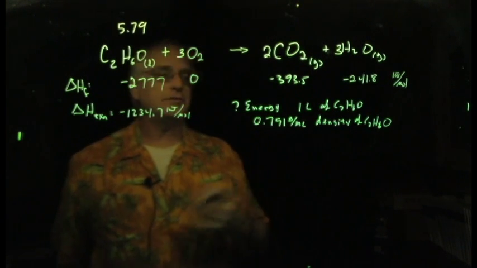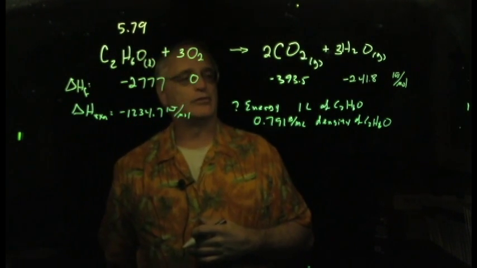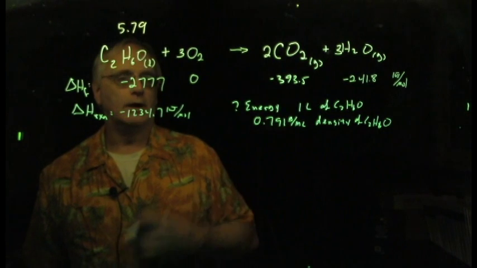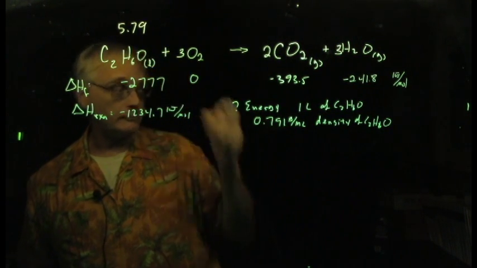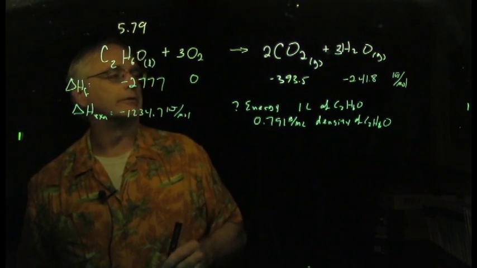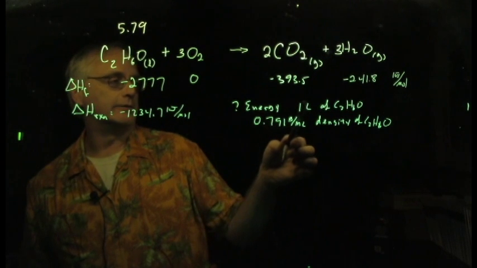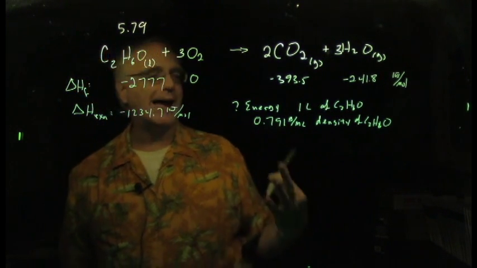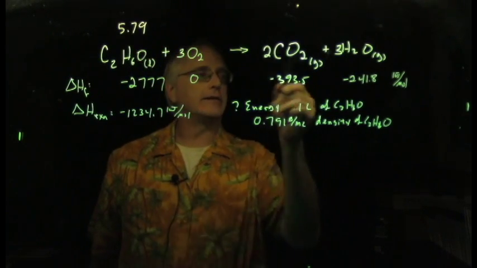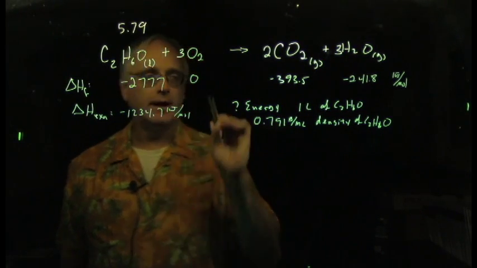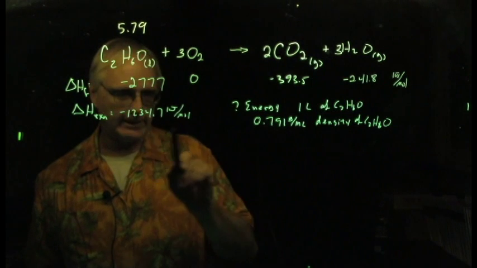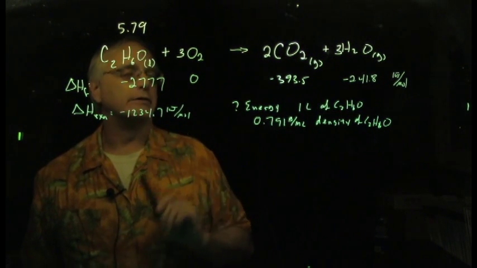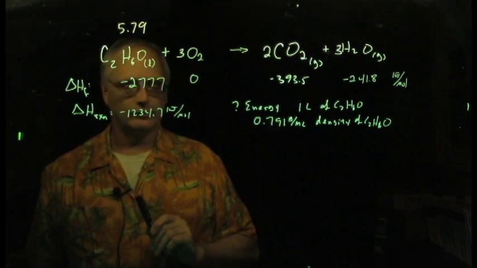All right, so this is going to be pretty much a standard conversion factor type problem, an energy stoichiometry type problem. We're going to need to turn that liter into mass. Once we have mass of ethanol, then it is a classic stoichiometry problem, but we're going to need to use our energy conversion factor here to make this one work.